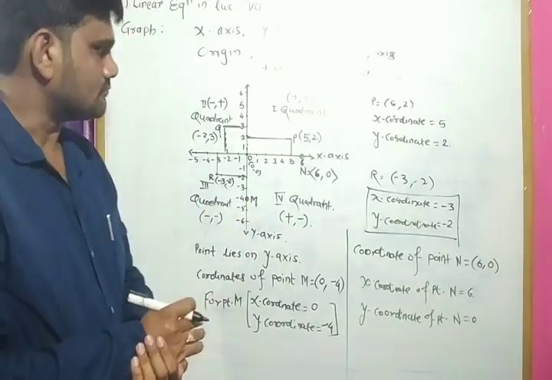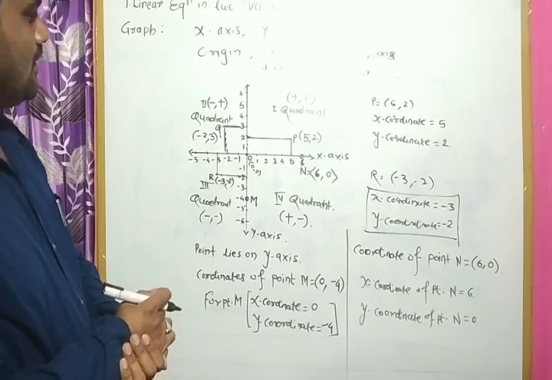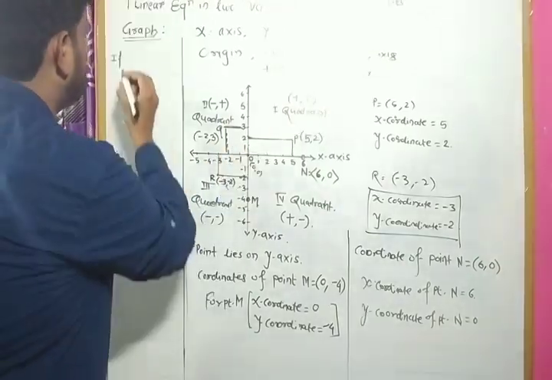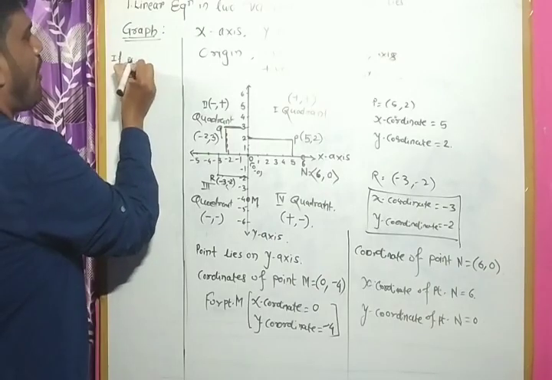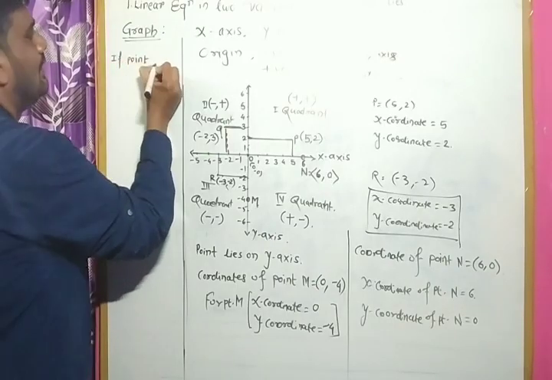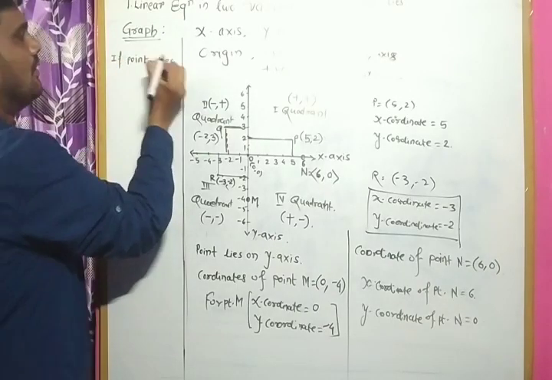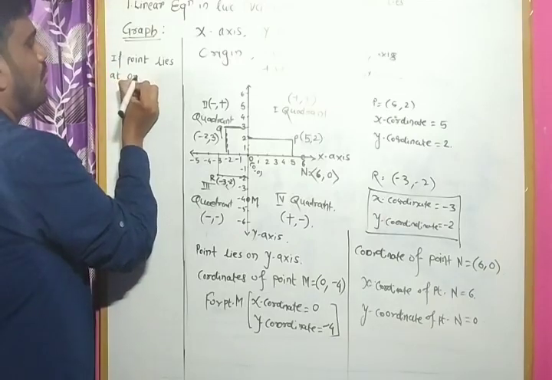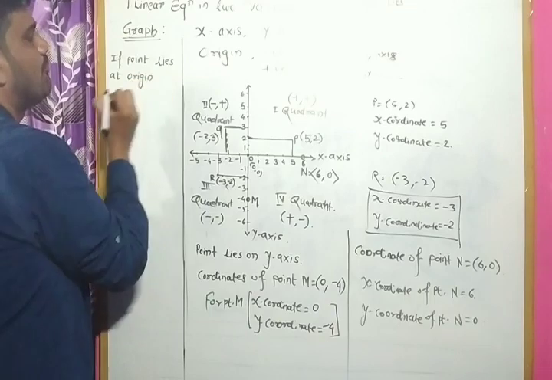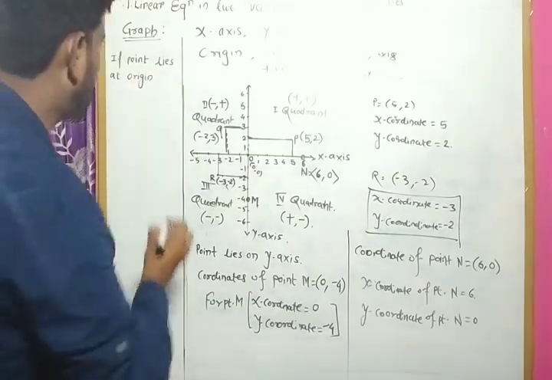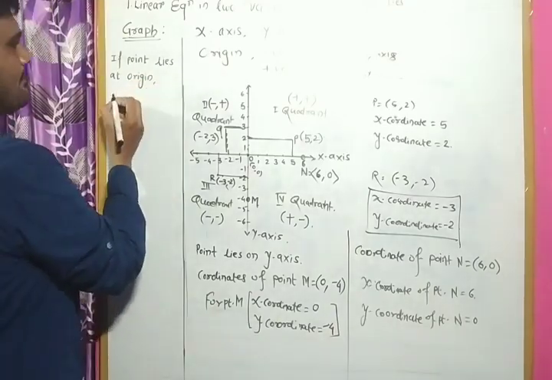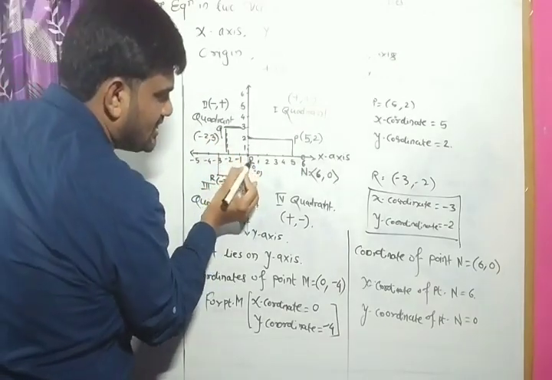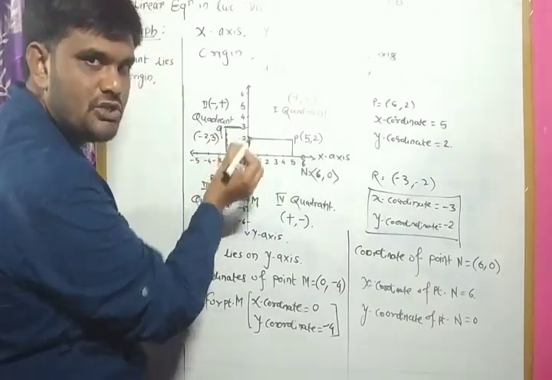Again, see here, if a point lies at the origin, you can see here the coordinates of the origin are 0, 0.